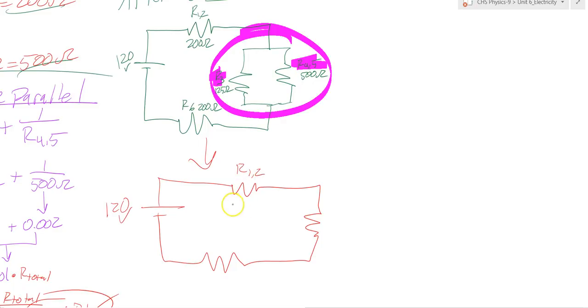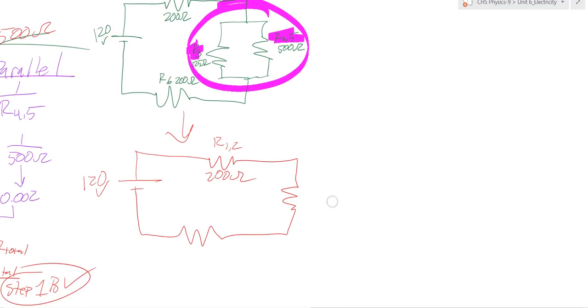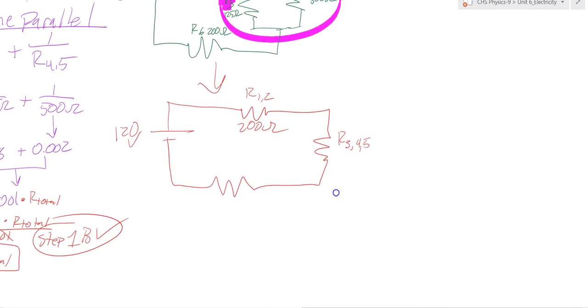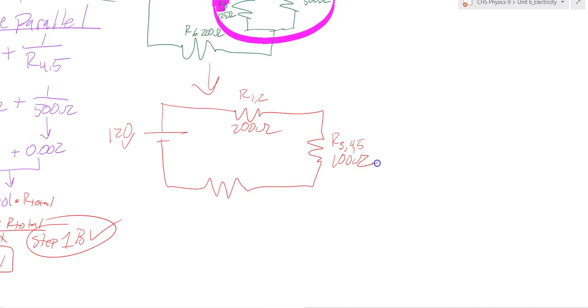Those are the 1 and 2 together, which was 200 ohms. Now this one was R3, 4, and 5 combined, and we got 100 ohms. And then this one's still just R6 at 200 ohms.